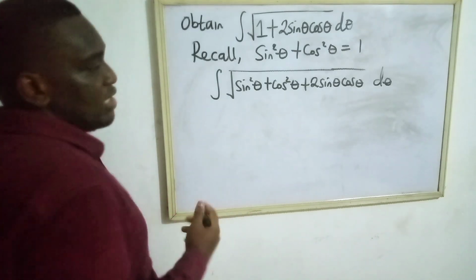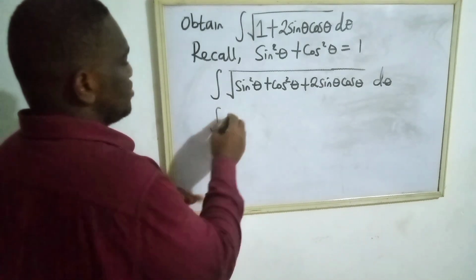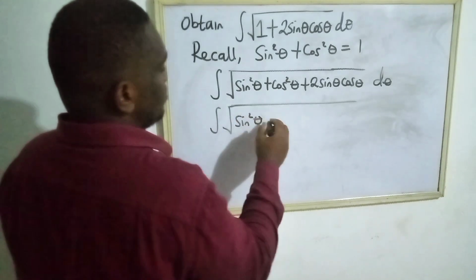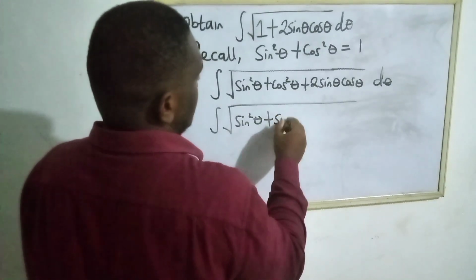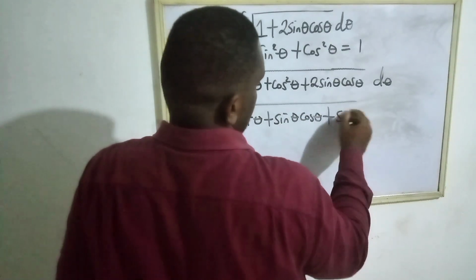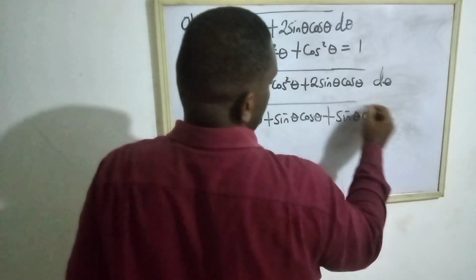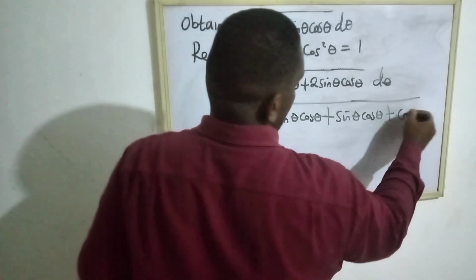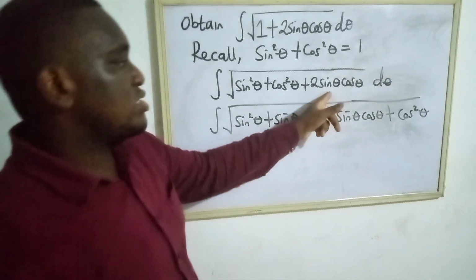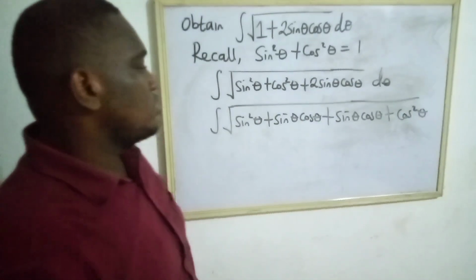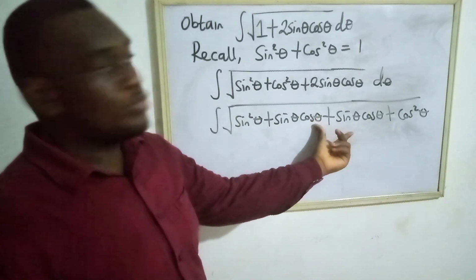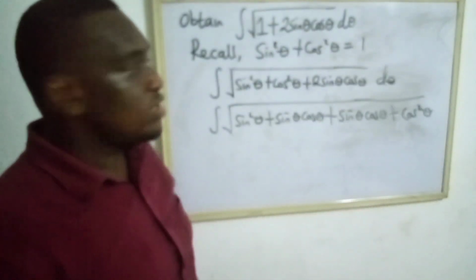Of course, I can rearrange and say the integral of the square root of sine square theta plus sine theta cos theta plus sine theta cos theta plus cos square theta. All I have done is separate 2 sine theta cos theta into sine theta cos theta plus sine theta cos theta. Of course, when this adds up again, it becomes 2 sine theta cos theta.